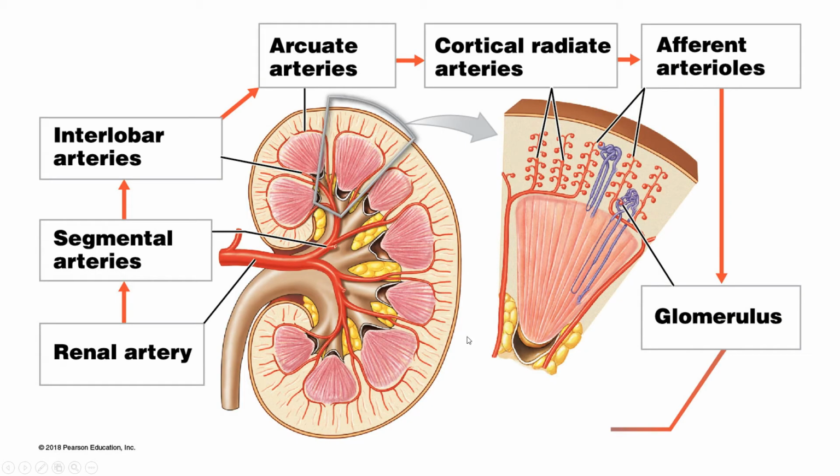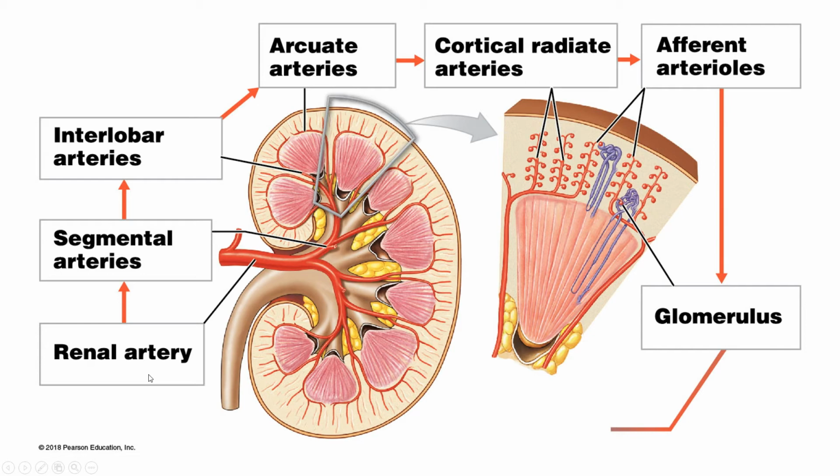So of course, you have left and right renal arteries, which are going to be a branch of the abdominal aorta. And the kidneys are going to receive about 1/4 of the total cardiac output. So if you remember, cardiac output is about 5.7, I think, liters of blood.